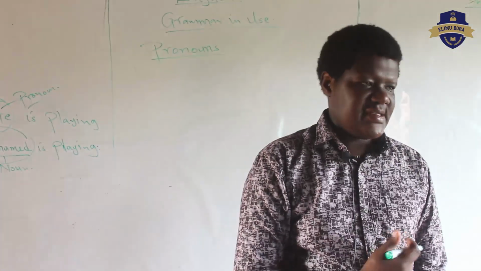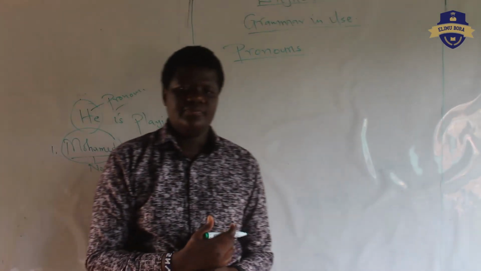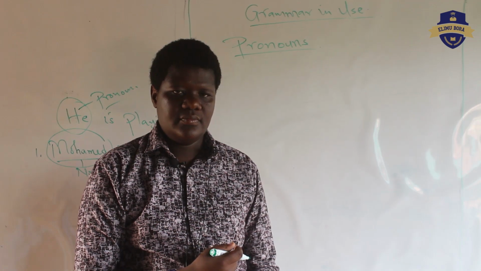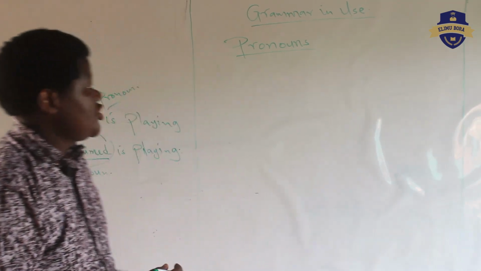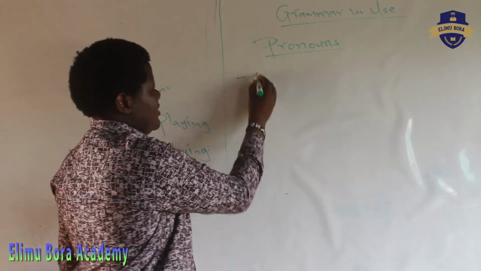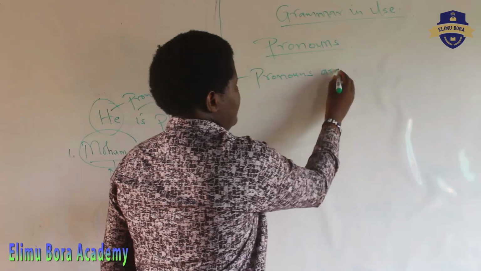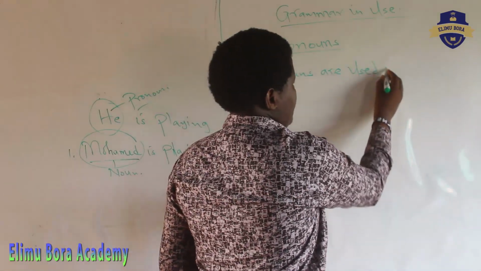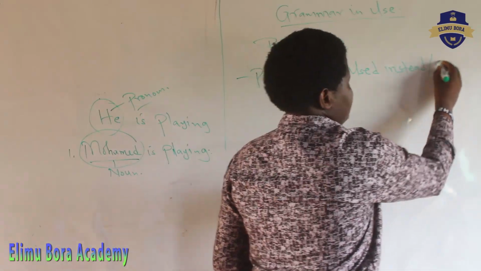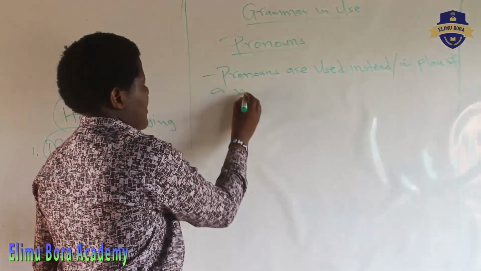Therefore, what is a pronoun now? Can somebody tell us what a pronoun is? Abdikarim? Yeah. So when we talk about pronouns, pronouns are used instead or in place of a noun.